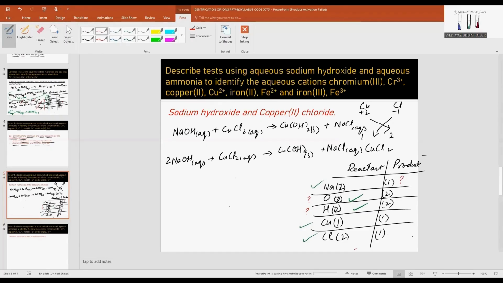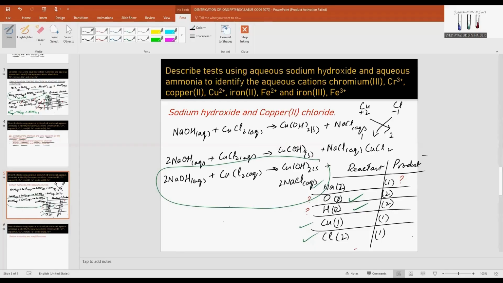So what if I put 2 before NaCl on the product side? The equation becomes like this: 2NaOH aqueous plus CuCl2 aqueous gives Cu(OH)2 solid plus 2NaCl aqueous. If you count the number of atoms, all atoms are balanced.